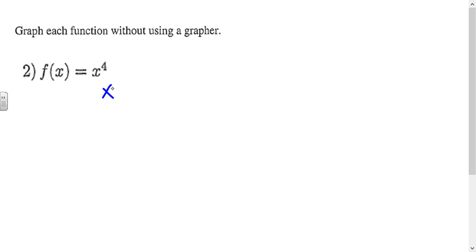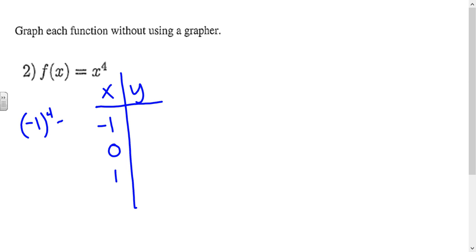So if I just make a quick little chart here, and I'm plugging in -1, 0, and 1. Well, -1 to the 4th power, if I plug that into my calculator or just think about it, -1 times -1 times -1 times -1 is going to turn out to be +1.